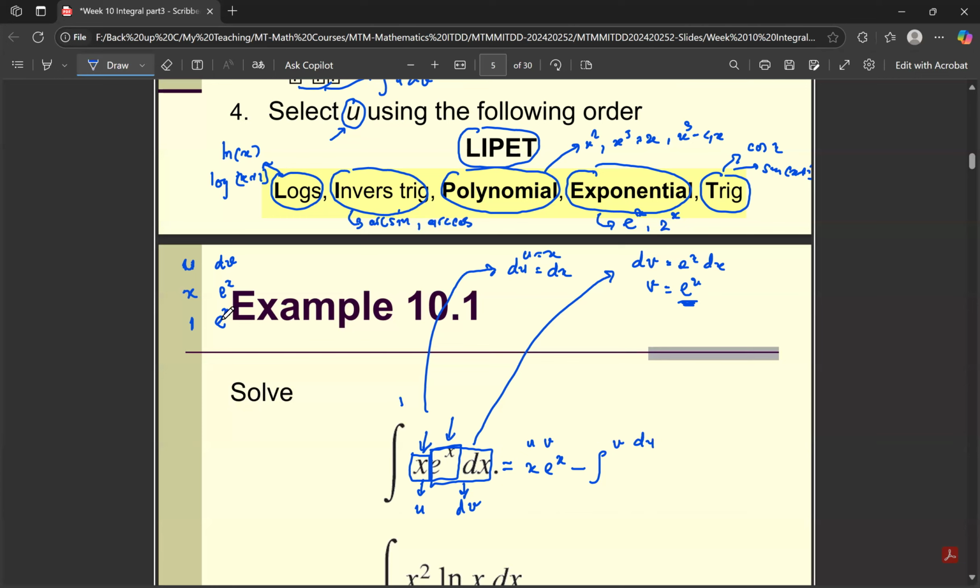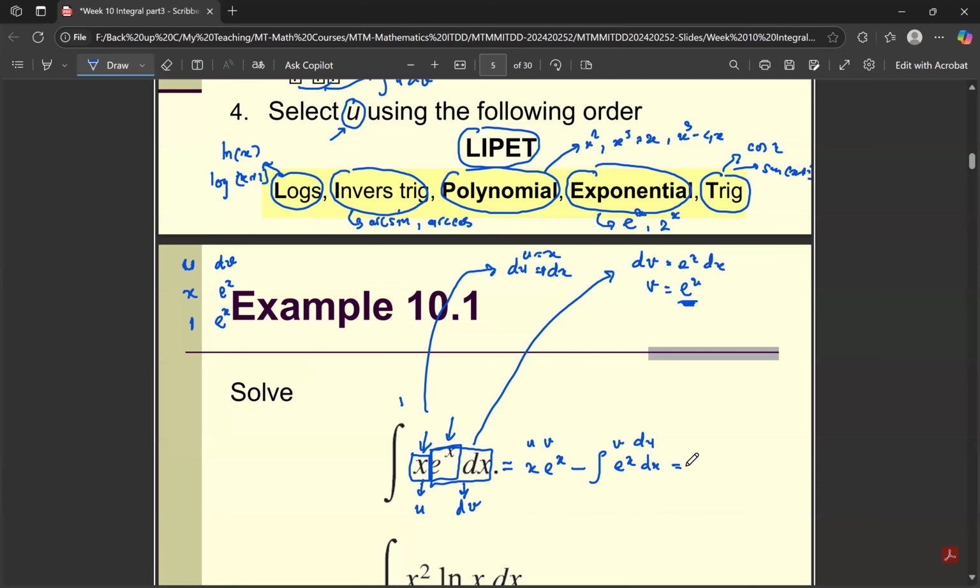Here v is e^x, then du is 1. 1 in this case means dx. So in this case, du means dx. So we have this one dx, and we can see that the integral on the right is easier than the integral on the left.